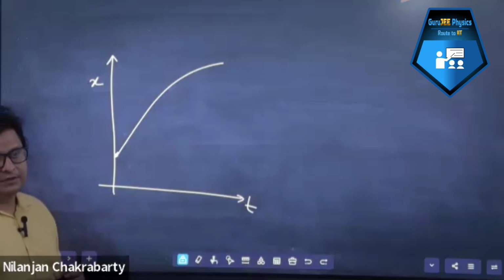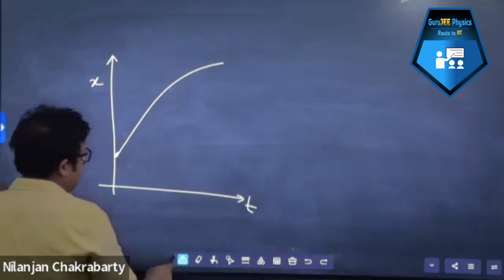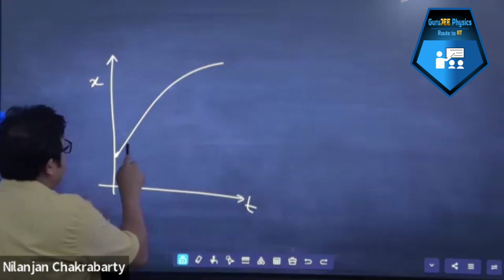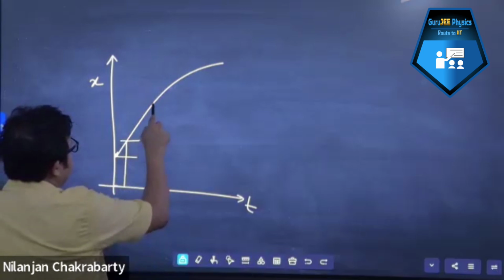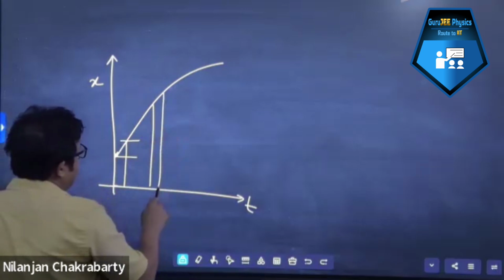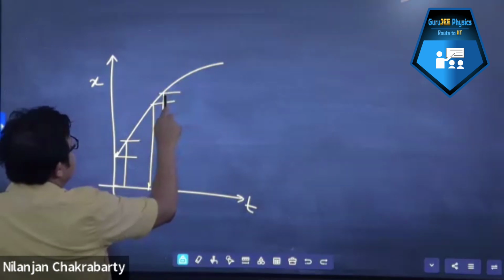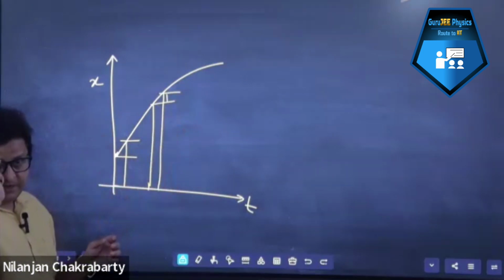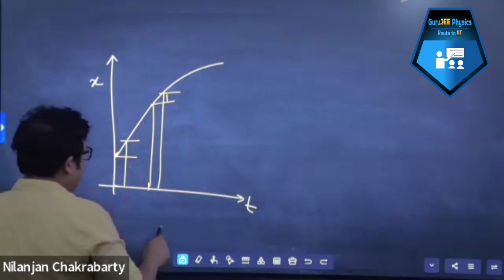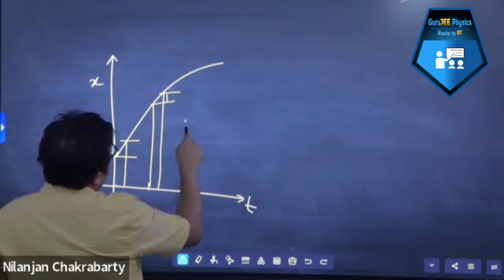Is the velocity increasing or decreasing? Velocity decreasing. See, if you take an interval, look here, in the same interval the displacement is more, and later on, if you take the same interval, displacement is less. Such is the graph. So here it is what? Decelerating.